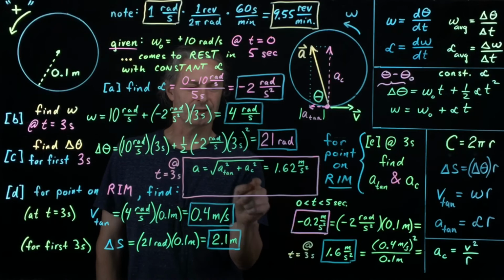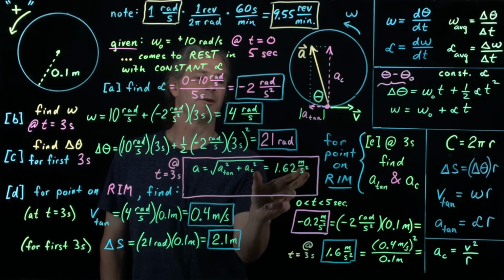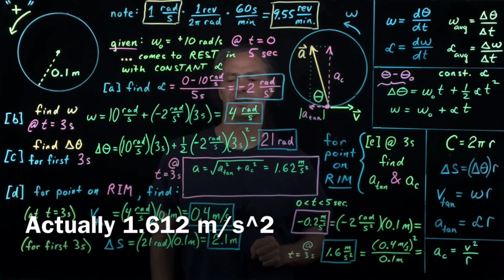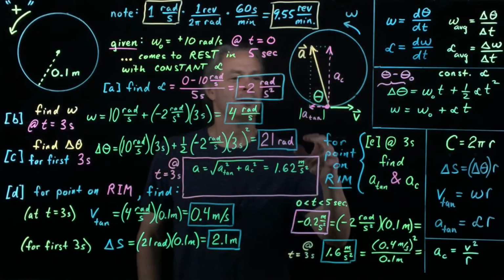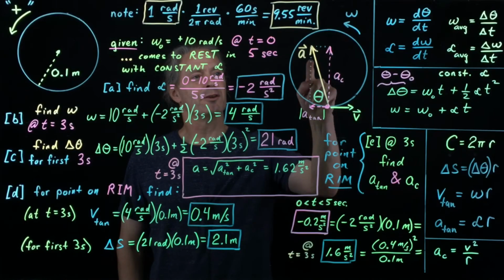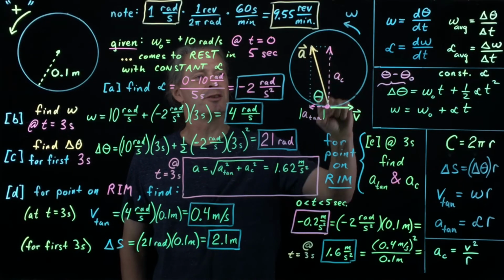If I plug in the tangential and centripetal acceleration components respectively, I get 1.62 meters per second squared for the magnitude of the acceleration at time t equals 3 seconds. To get this angle, I could note that the tangent of this angle is opposite over adjacent, but opposite is actually this.